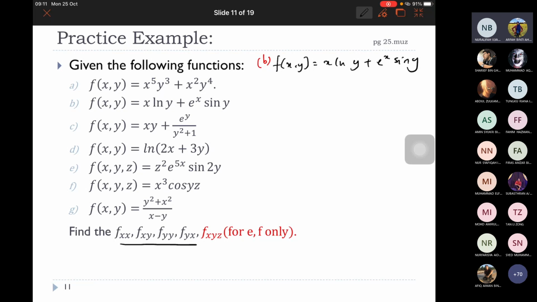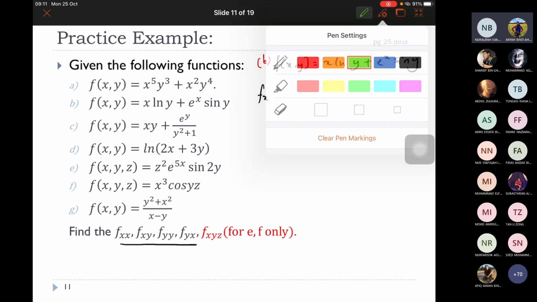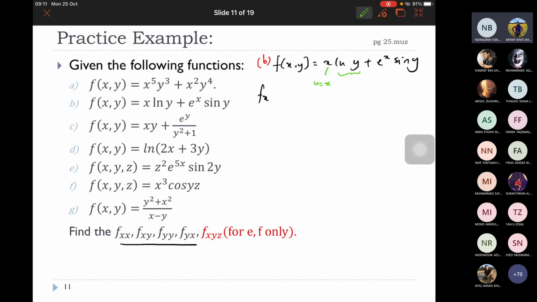x ln y. Okay, fx partial derivative with respect to x, bezakan terhadap x. Kalau tak tahu, awak ambil satu-satu. Jadikan u equal to x and your v equal to ln y. And this one you may take your u equal to exponential x, your v equal to sine y. Okay, so you are going to find v prime with respect to x will be 0, u prime with respect to x will be 1. For the second term, v prime with respect to x sama dengan kosong, u prime with respect to x equal to exponential x.